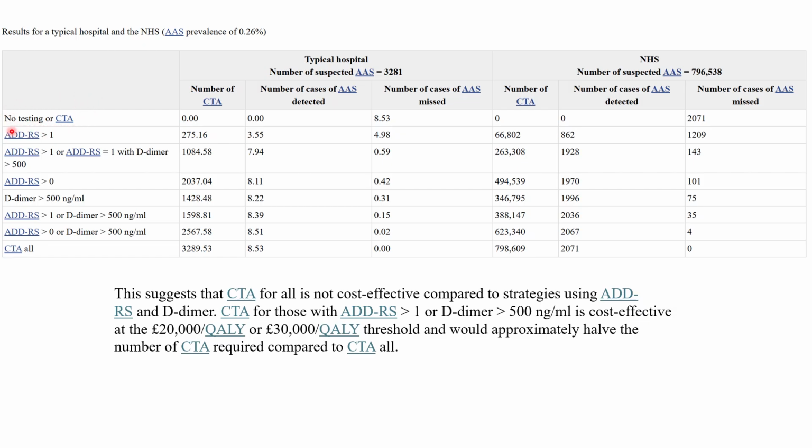No patients get tested. We'd take this paradigm that I just talked about and apply it to the clinic. We shouldn't find any dissections. We don't do any CT scans for suspected dissections. Then in Britain they would miss 2,071 aortic dissections per year.